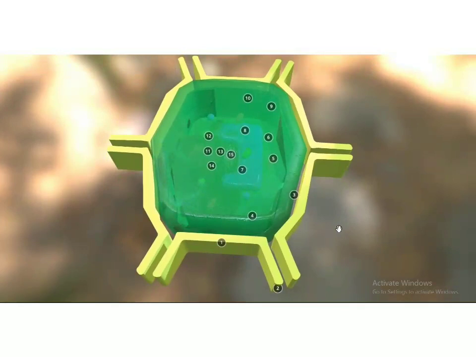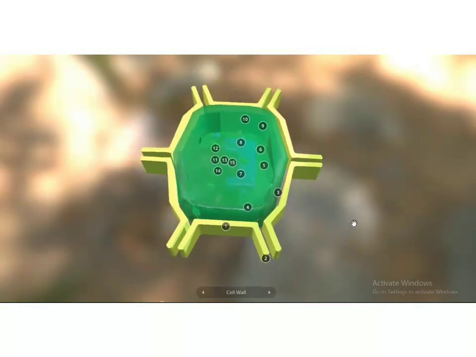The cell wall is a characteristic of a plant cell, not an animal cell, because animal cells do not have a cell wall. It is composed of cellulose, and it is a hard, thick, non-living layer of a plant cell.